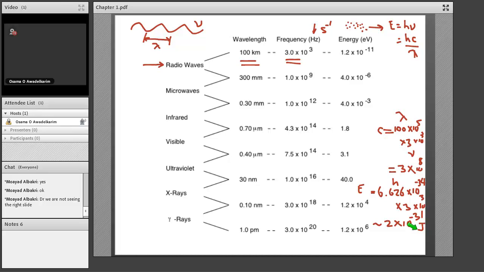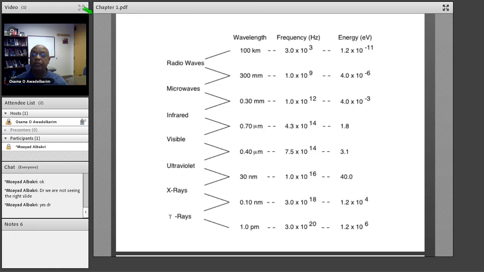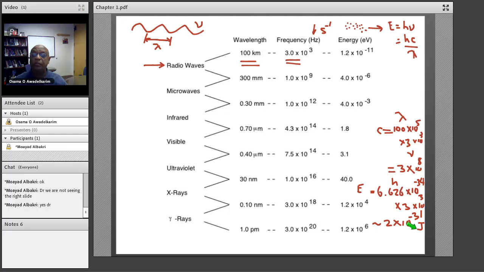Let us think of another energy. I did some calculation to show you the energy of the photon, which turned out to be very small.